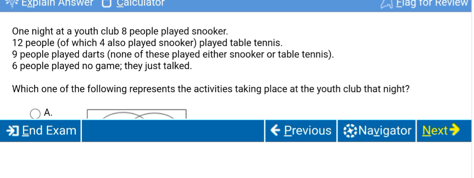None of these played either snooker or table tennis. 6 people played no game, they just talked. So which one of the following represents the activities taking place at a youth club that night?